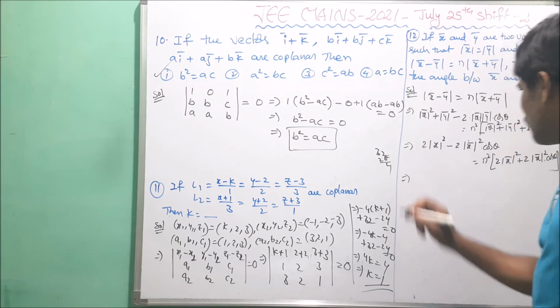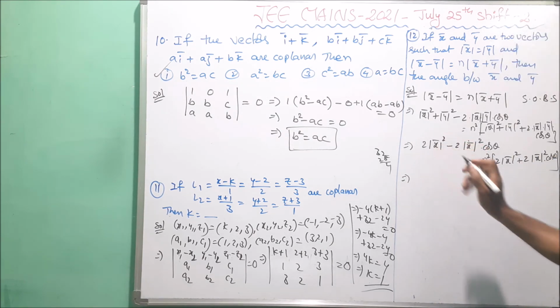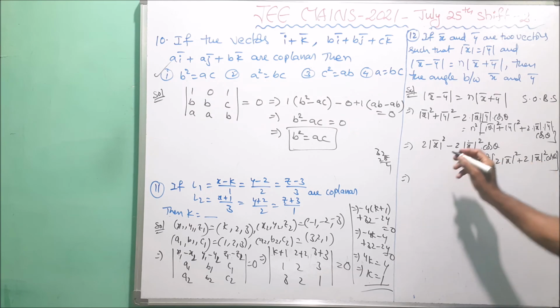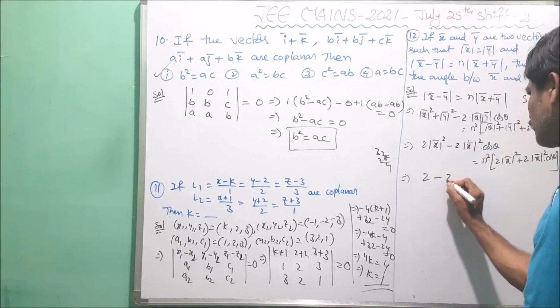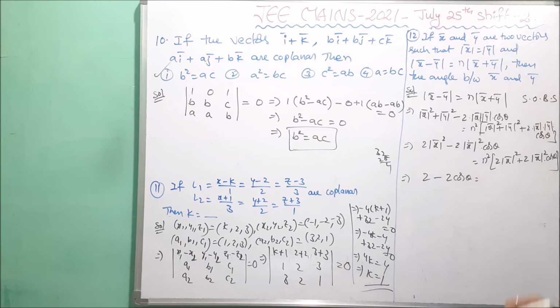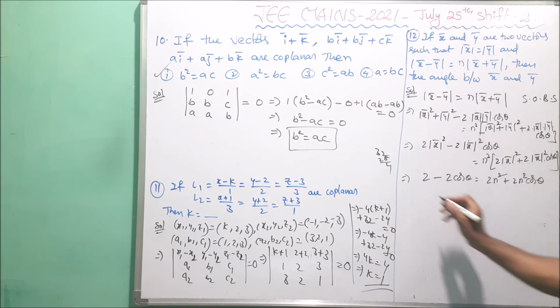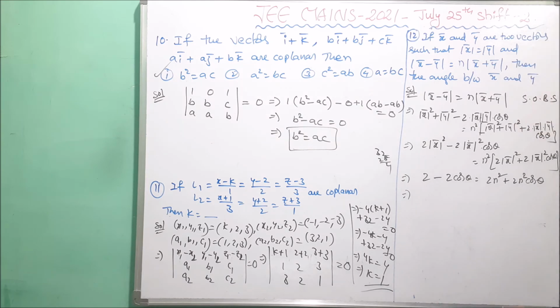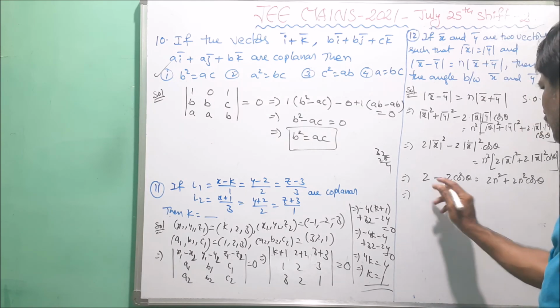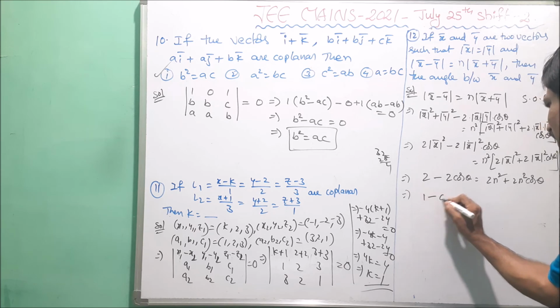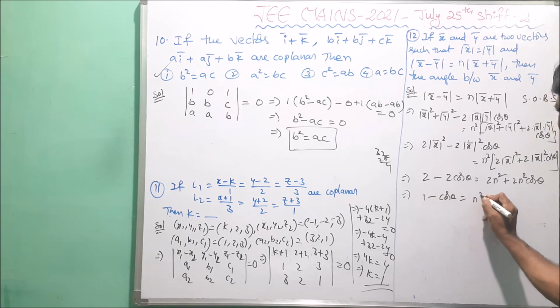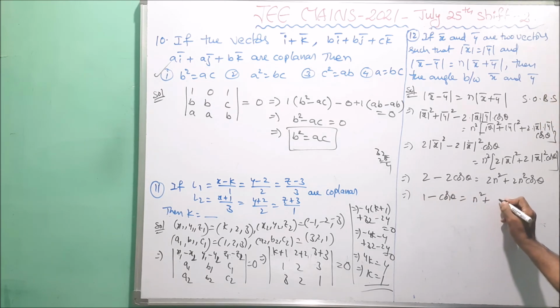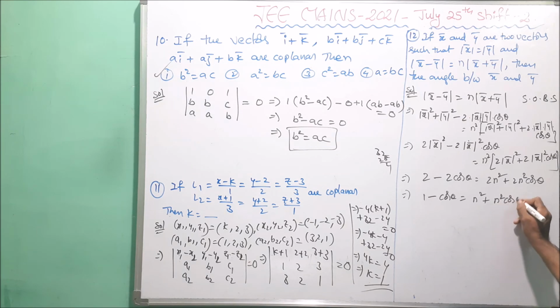Now in that we take common mod x bar square and cancelling on both sides, then we write 2 minus 2 cos theta equal to 2n square plus 2n square cos theta. Here we divide with 2 also, 1 minus cos theta equal to n square plus n square cos theta.